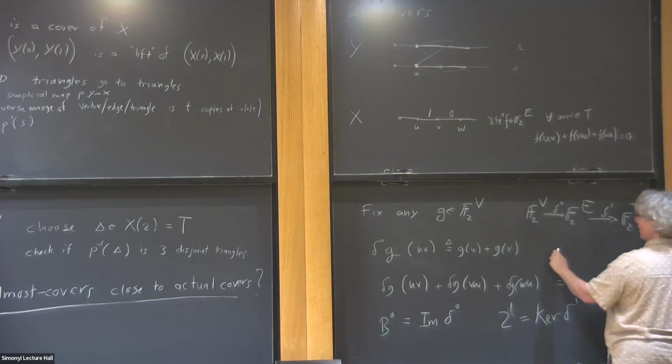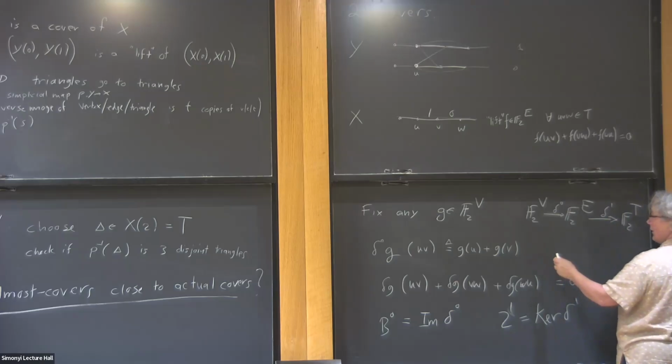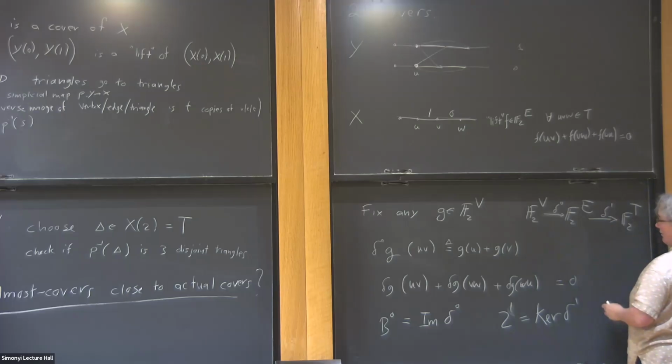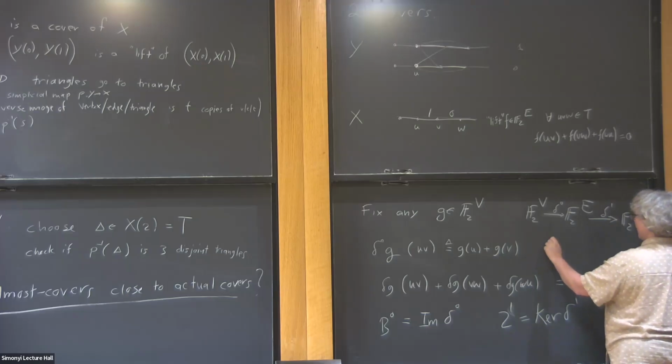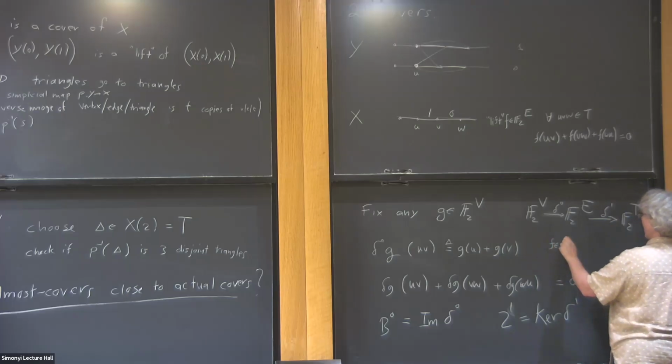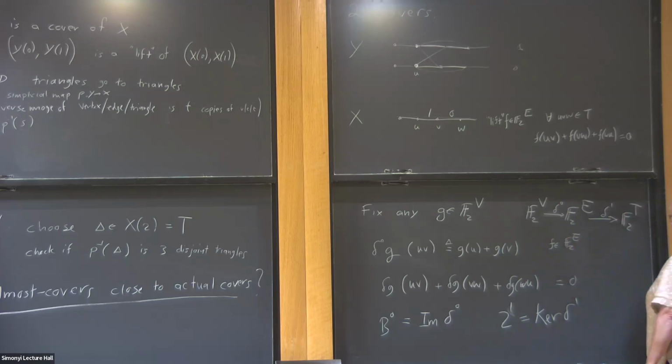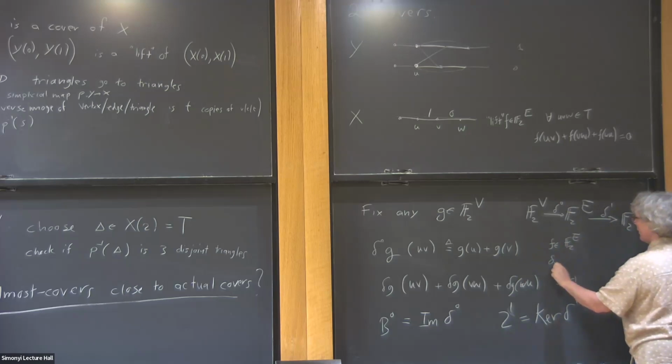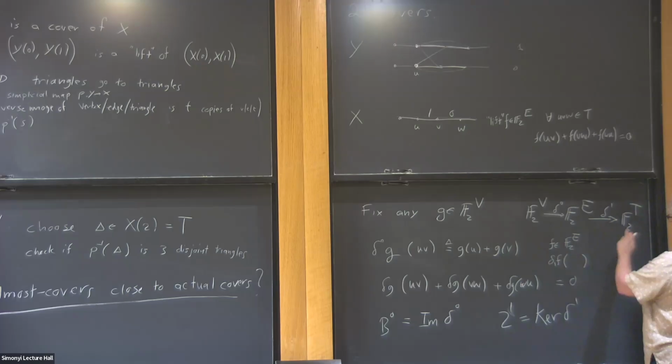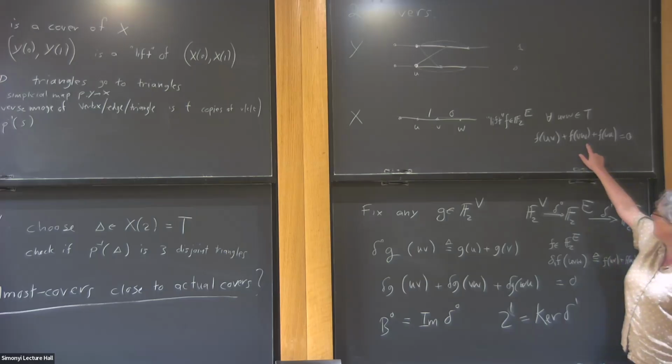For any function, if f is some element, some one chain, delta one of f, now I need to evaluate it on a triangle, is defined to be f of uv plus f of vw plus f of wu. Just the same thing here.